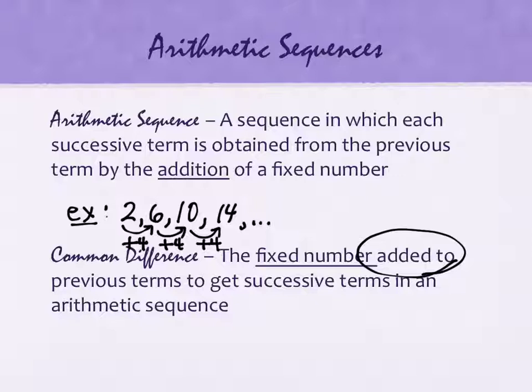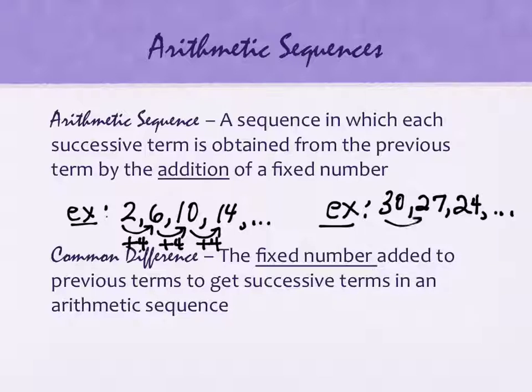If I had an example where it looked like subtraction, it might look something like this. What would the common difference be for this one? Yeah, it would be a negative actually, right? It would be -3.